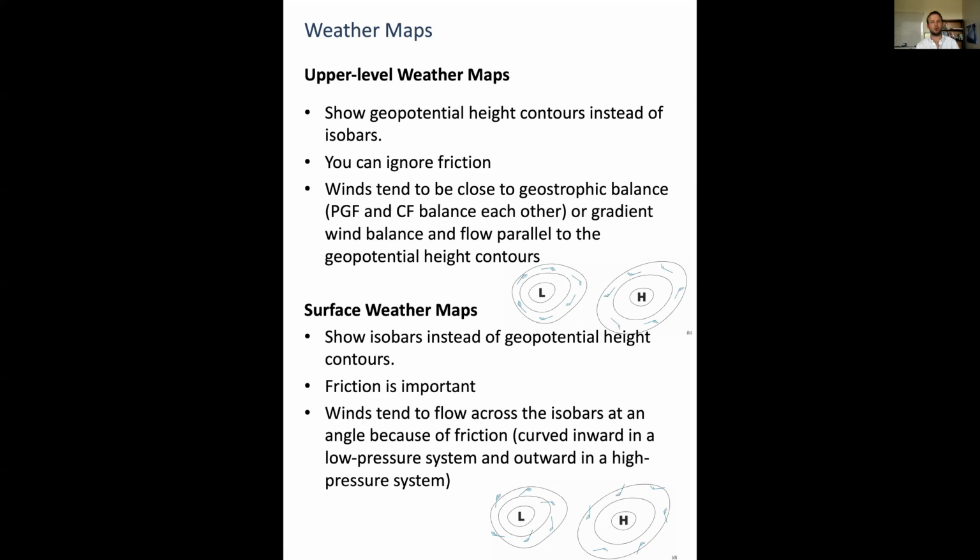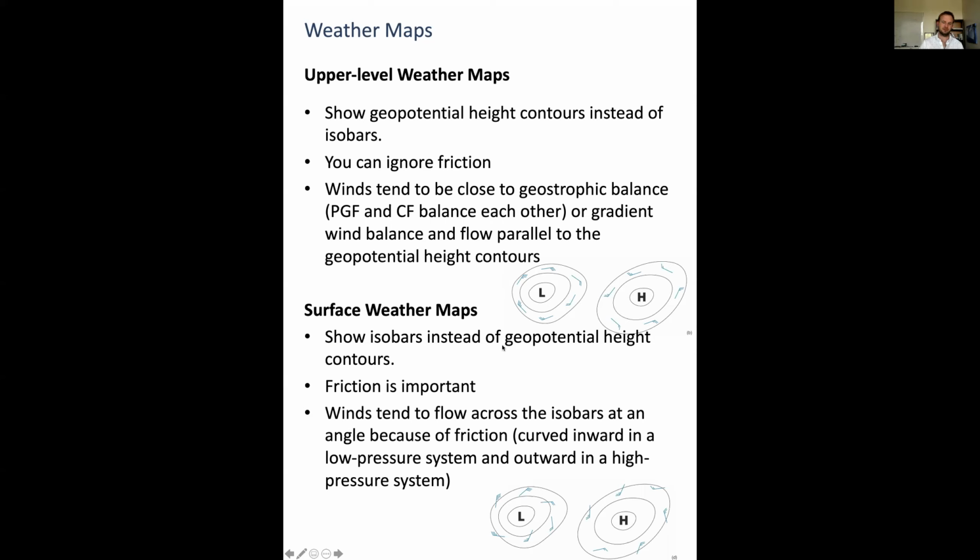And the flow is always parallel to geopotential height contours. You can see the example here of a northern hemisphere low pressure system at upper levels, and a northern hemisphere high pressure system at upper levels. These contours are geopotential height contours. The flow of the winds is counterclockwise in the low pressure system and clockwise in the high pressure system.